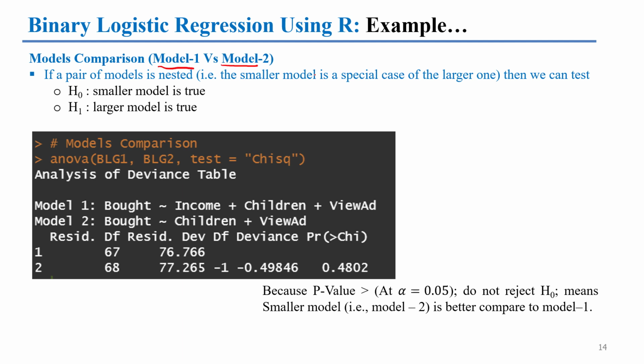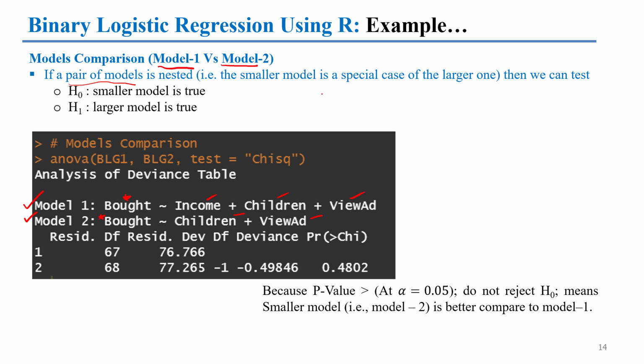Basically, we are checking whether model 1 is good or model 2 is good. As we know, in model 1 the dependent variable was bought and the independent variables were income, children, and view ad, whereas in model 2 the dependent variable was bought and the independent variables are children and view ad. As we can see, in this pair of models, model 2 is part of model 1.